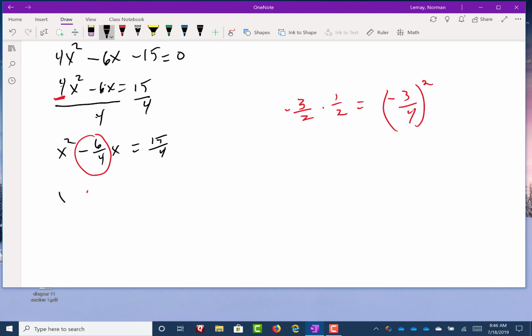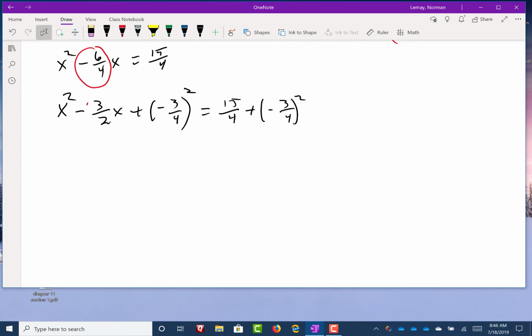So now we get x squared minus 3/2 x plus negative 3/4 squared equals 15 over 4 plus negative 3 over 4 squared. Just about got it.